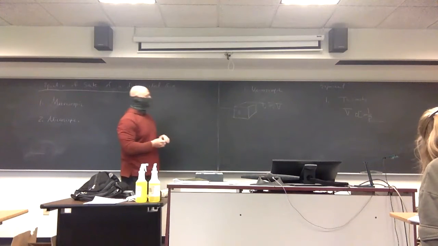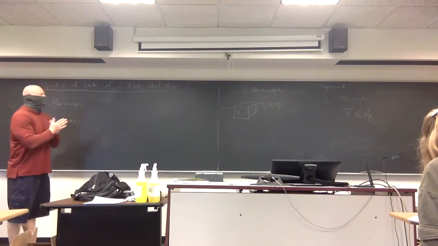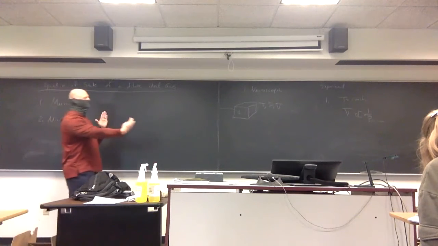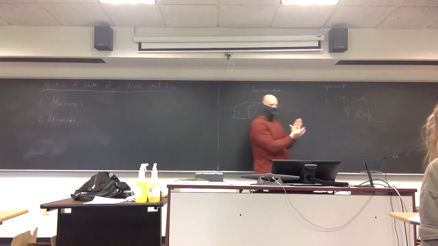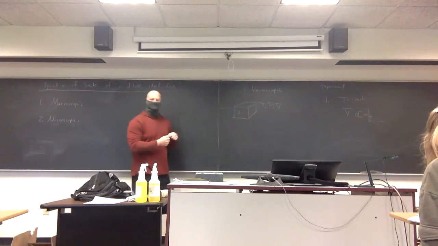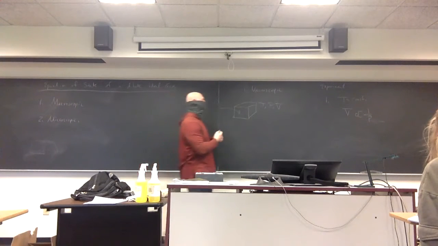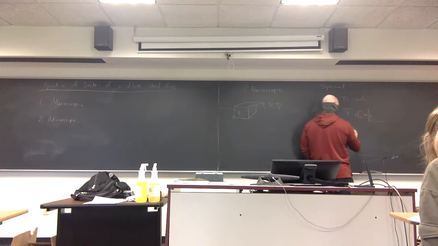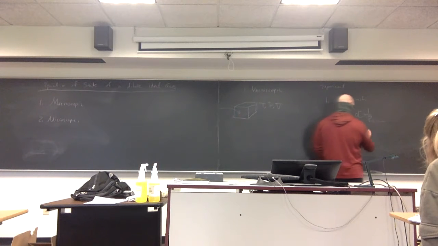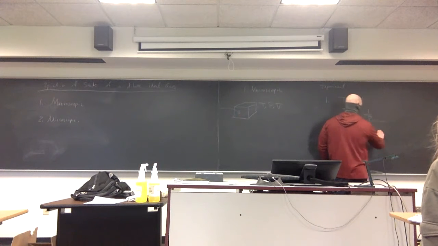So this is the first thing we learned from this experiment. Again, if I increase the volume, the pressure goes down, and if I decrease the volume, the pressure has to go up. So these two things are inversely proportional to each other. Since they are inversely proportional, the pressure times the volume must be equal to a constant.